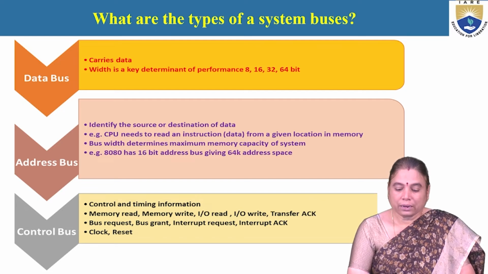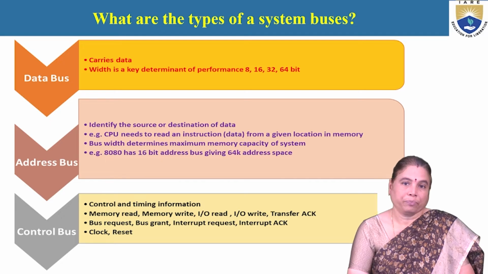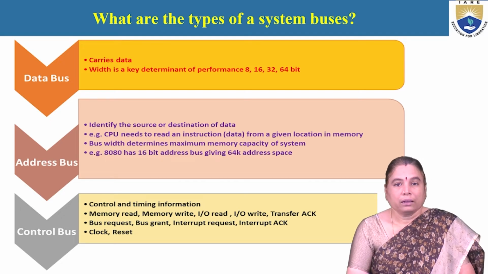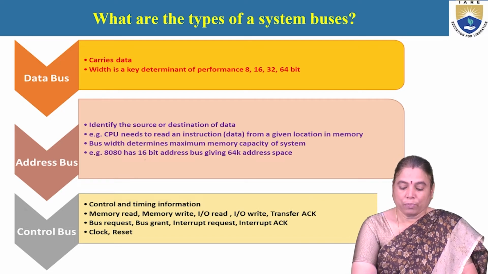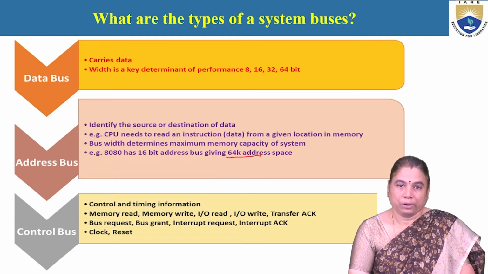The bus width determines the maximum memory capacity of the system. If there are k address lines, then 2 power k is the address space provided in the memory. For example, in the 8080, a 16-bit address bus is used, so 2 power 16, 64k address space is available.